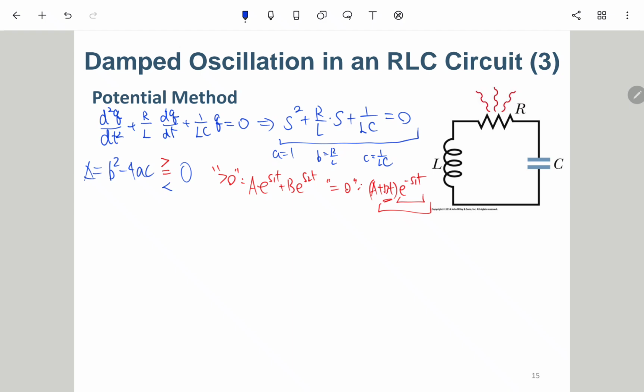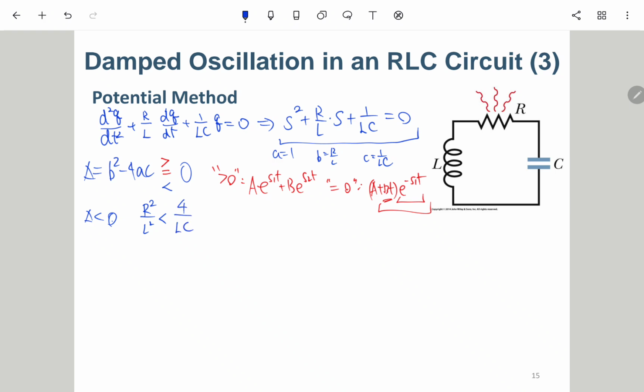We will only concern the most interesting case, which is delta smaller than 0, which means R squared over L squared is less than 4 over LC.